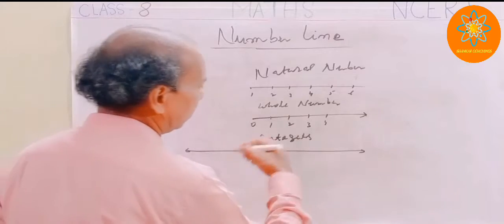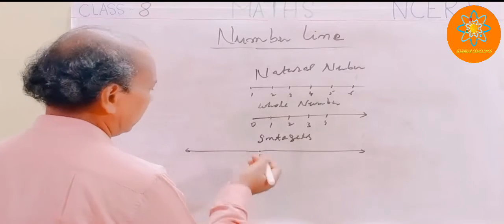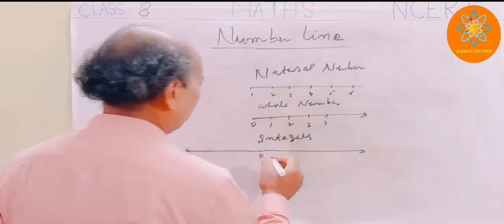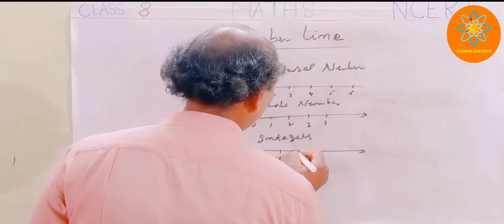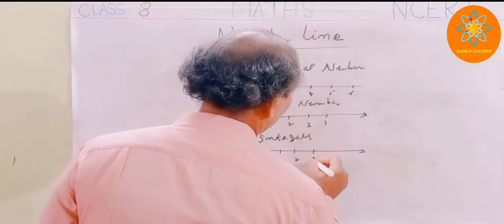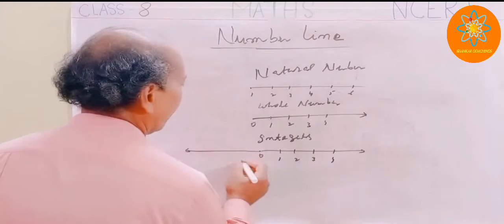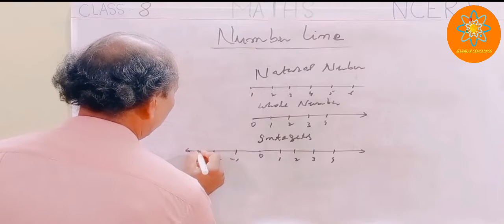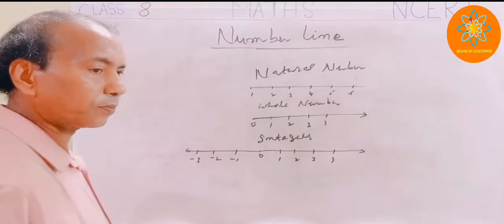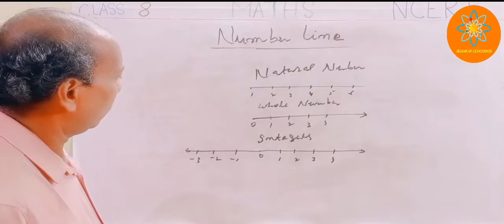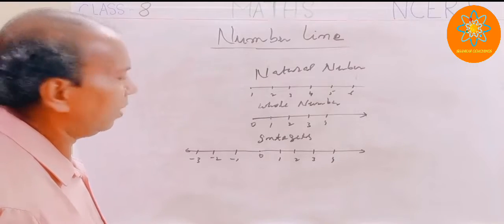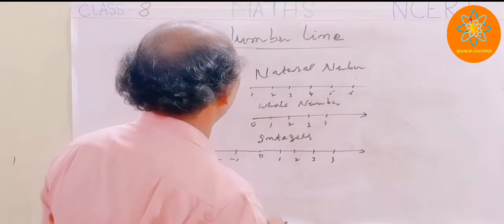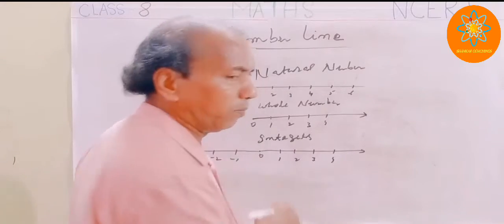The portion which is in the right hand side is positive, and the portion which is left hand side of the 0 is negative. So this is 1, this is 2, 3, 4 like this, and here it is minus 1, minus 2, minus 3. So this is the way how we represent natural number, whole number and integers on a number line.